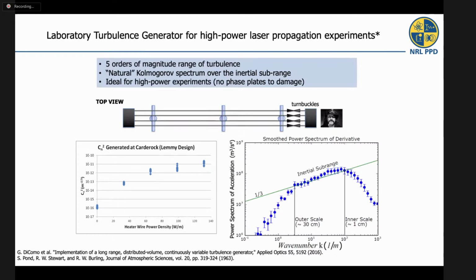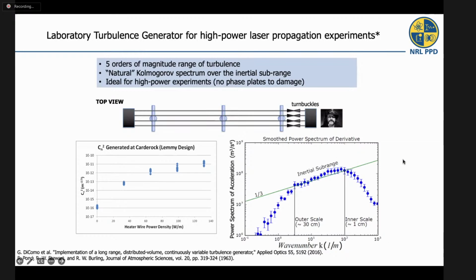So this concept is based off of just standard heating wires that many people would use, for instance, for melting snow off their roof. So what we do is we take a number of those heating wires, and then we string them over a long distance, keeping them tight under tension and suspended over little stands. And by doing this, we can generate natural Kolmogorov-like spectrum turbulence. An example of the power spectrum of acceleration for the turbulence is shown on the bottom right here.